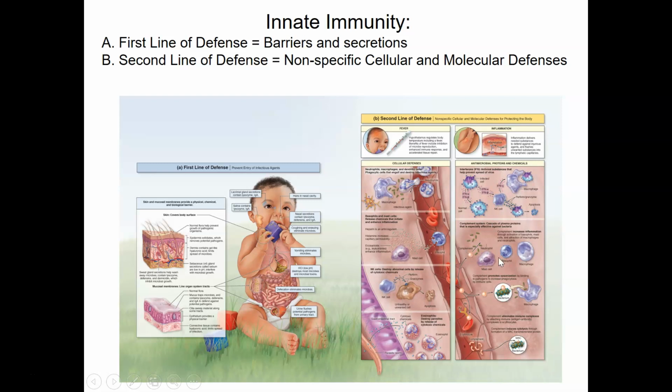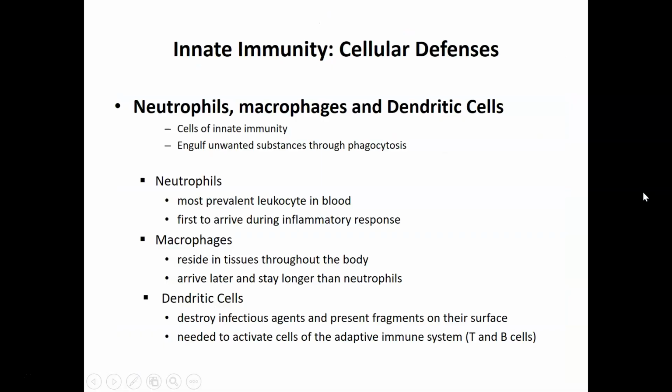Another set of proteins are the complement proteins. These are circulating in the bloodstream, and these are particularly effective against bacterial infections. And they trigger a number of immune defenses to kind of pile on, to cooperate in this defense against internal bacterial infection. All right, so let's go down the list, starting with the cells.